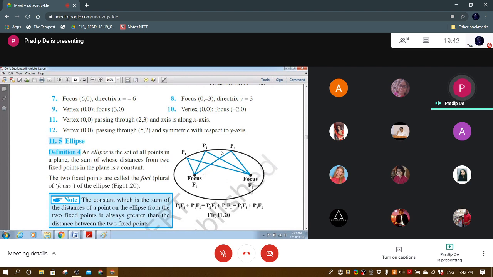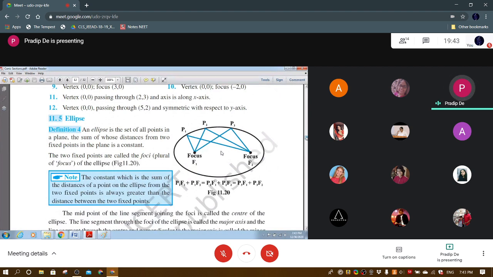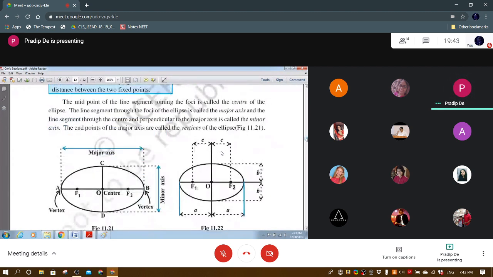If you join these 2 points and you take the midpoint, you draw any chord through this midpoint, and you'll find that the chord is bisected at that point. That is why that point is known as the center. You're only familiar with the center of a circle. Now you see the center of ellipse. Later on, you'll find the center of hyperbola also. So quickly, let us have a look at the properties of ellipse.